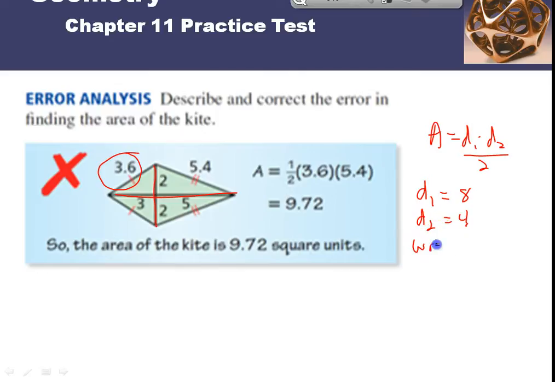So their mistake is they use the wrong diagonals. And if they want us to correct it, so the area should really be 8 times 4 divided by 2, which will be 16 units squared.